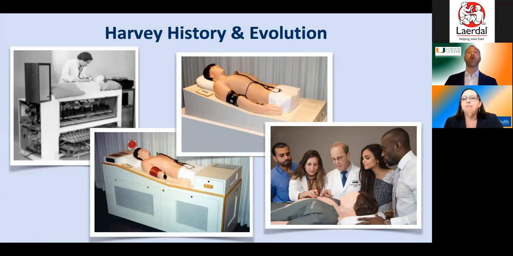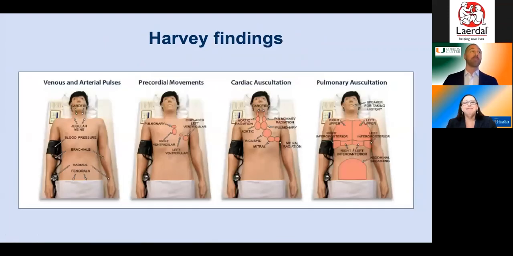But then there was a big quantum leap forward where we moved to all digital technology, the upper right. At that point, Harvey could simulate 30 different conditions. And now the lower right, we have next generation Harvey, our latest version, which you can recognize by his very sharp little outfit. Now, it's not just these cosmetic differences and the massive weight loss.